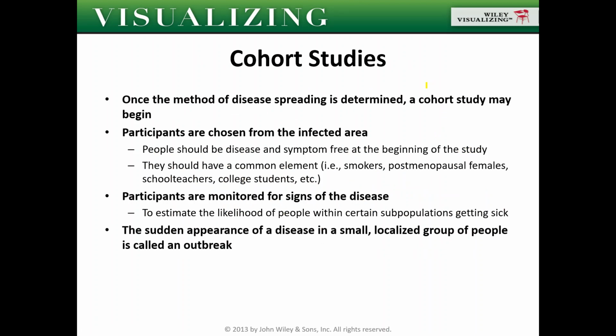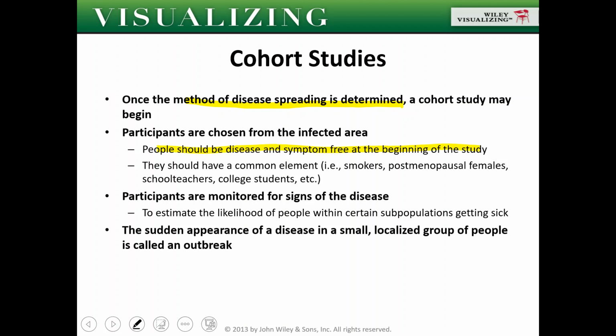And once the method of how the disease is spread is identified, scientists can run a cohort study. A cohort study takes participants from the infected area, say from Ohio, and people that are enrolled in the study can be healthy, with no symptoms, or can have the disease. But the important thing about a cohort is they all should have a common element.